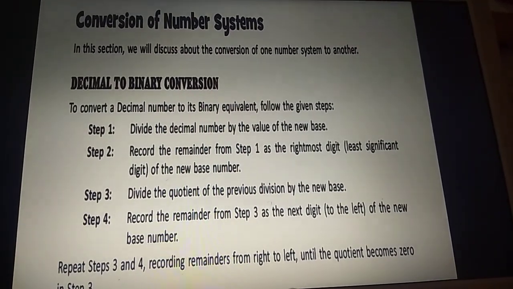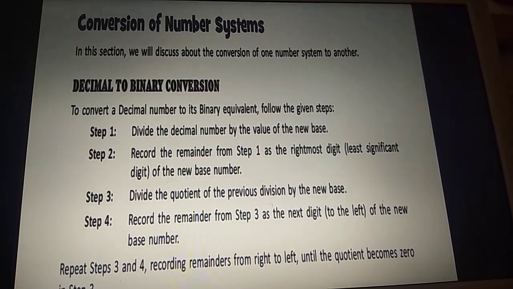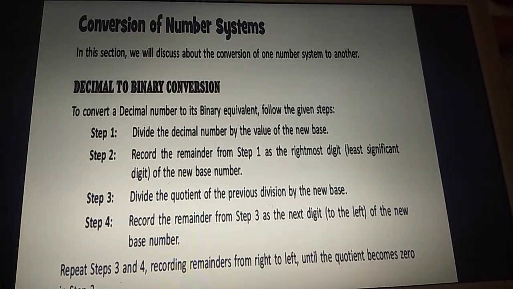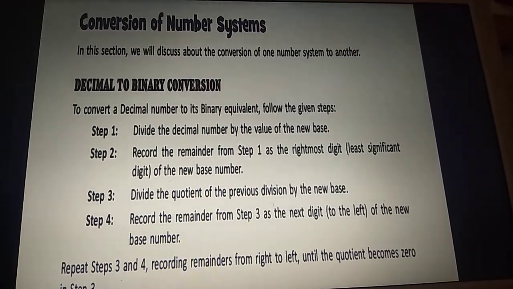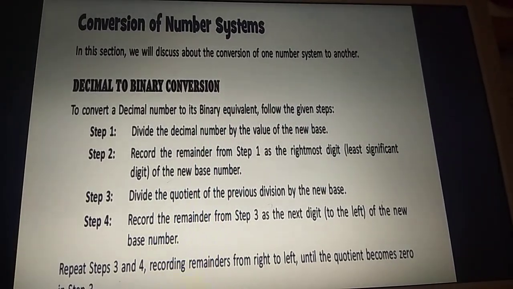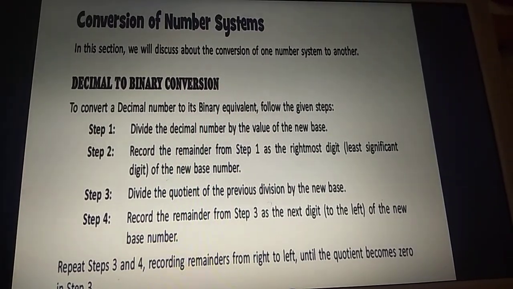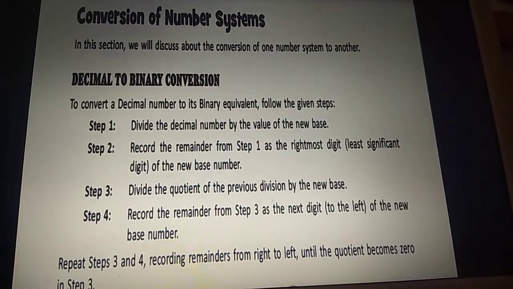First of all, we will divide the number by 2 and record the remainder. That is also known as the least significant bit. Then we will divide the quotient by 2 again and record the remainder.